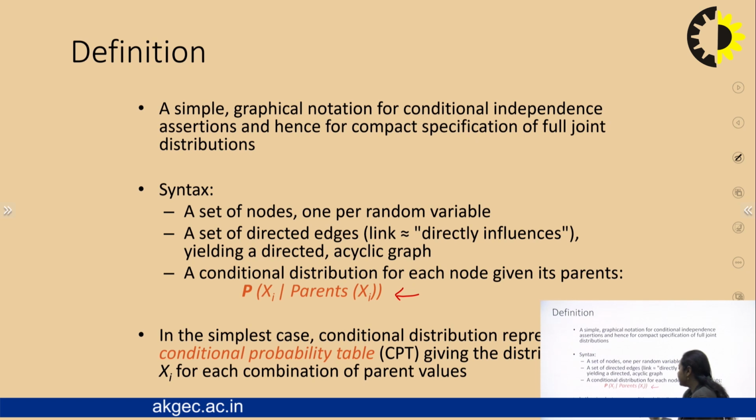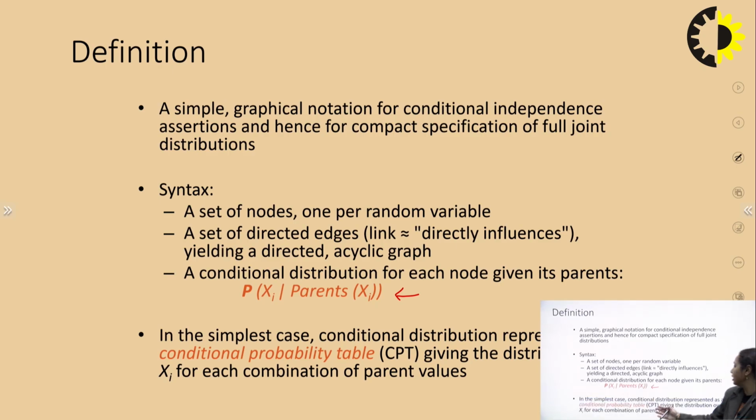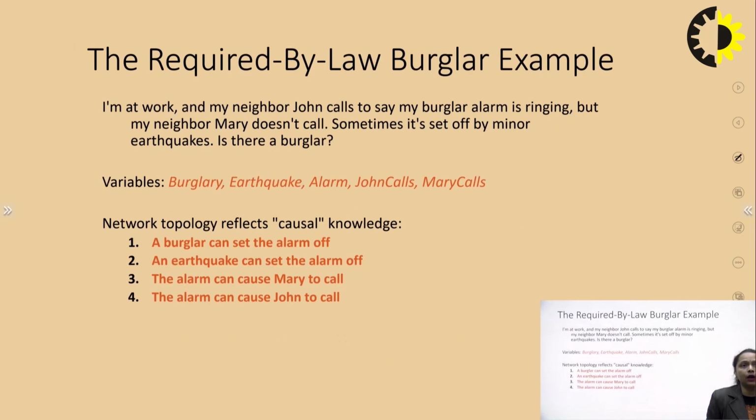In the simplest case, the conditional distribution is represented as a conditional probability table, giving the distribution over Xi for each combination of parent values. Now, let us try to understand this Bayesian network with the help of an example.